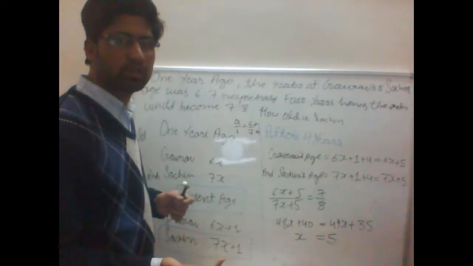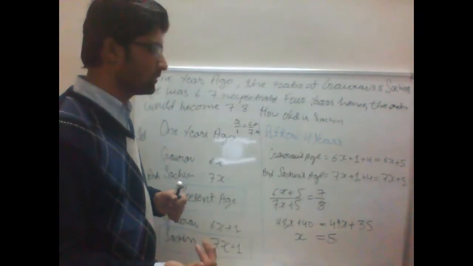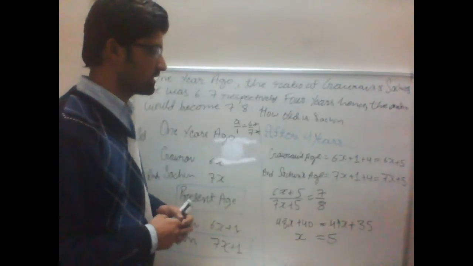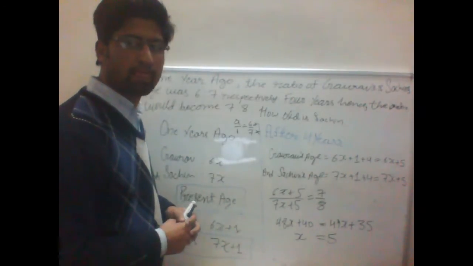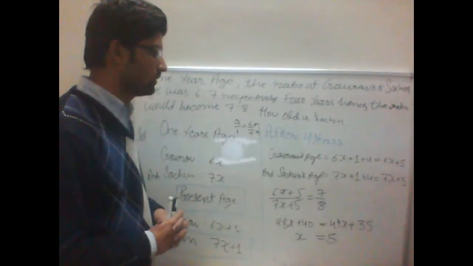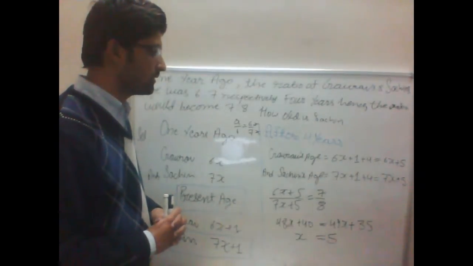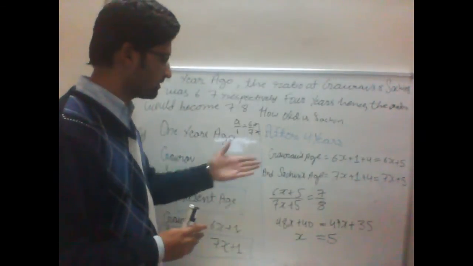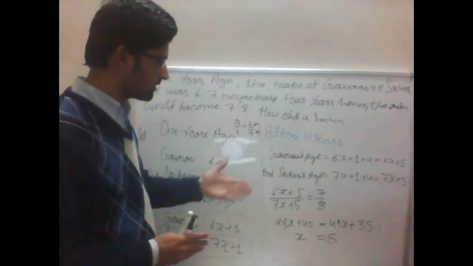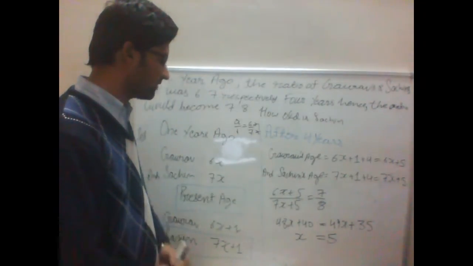So the ratio (6x plus 5) upon (7x plus 5) will be equal to 7 upon 8. When we solve this, we get x equal to 5.